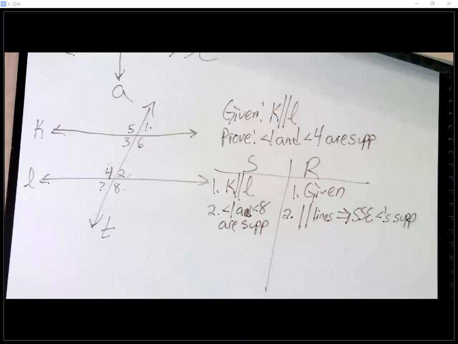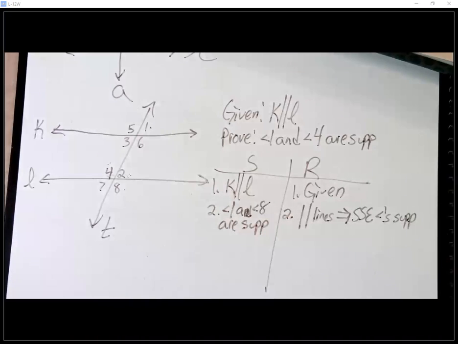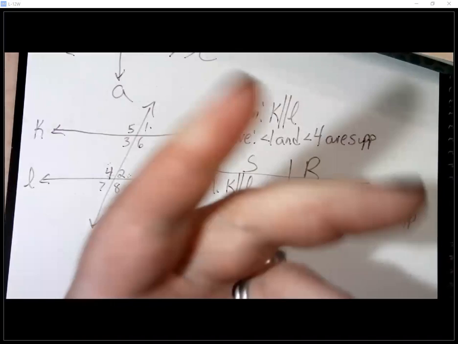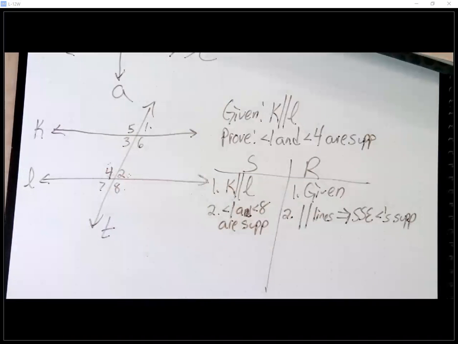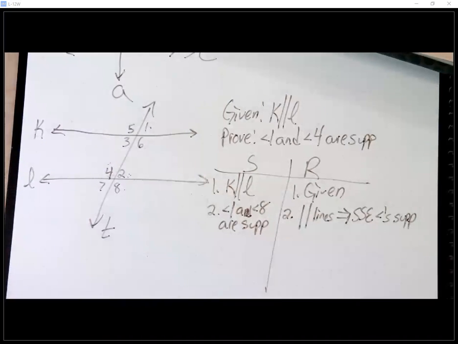So whatever the parallel lines are giving me, if I were using the corresponding angles, instead I would have written corresponding angles are congruent. If it was alternate interior angles, I would have said alternate interior angles are congruent. But here I have same side exteriors and they are supplementary. And now, I believe she said, hey, well, 4 and 8 are the same, because they're just, what's 4 and 8 to each other?